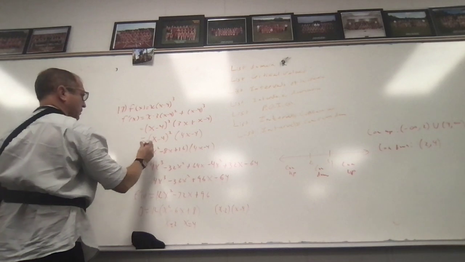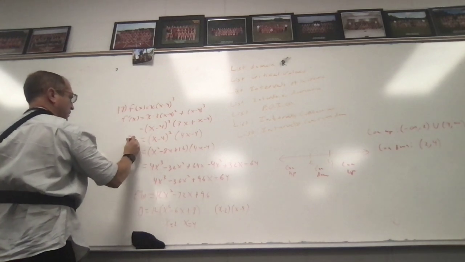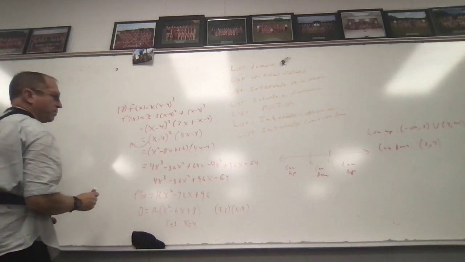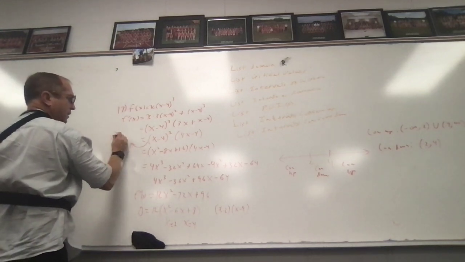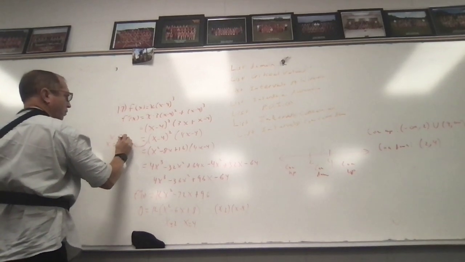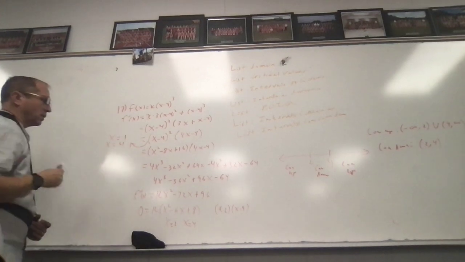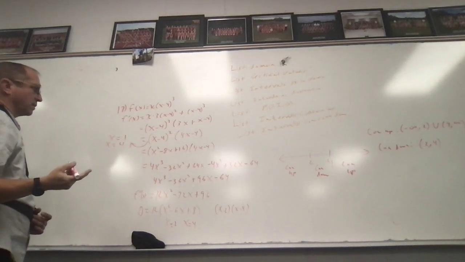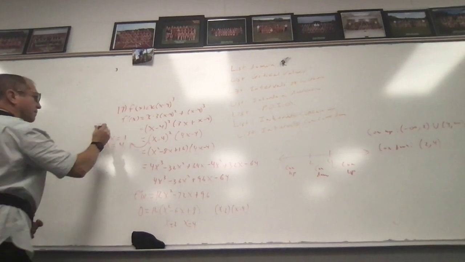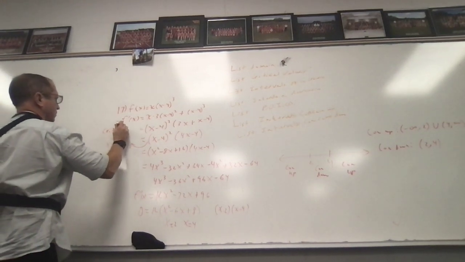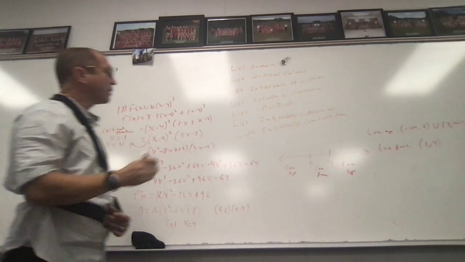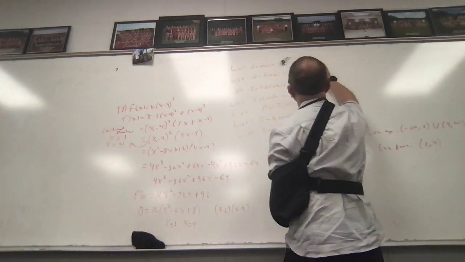And I see from my critical numbers that this would be at x equals 1 and x equals 4. So those are my two critical values here, because that's where the derivative is equal to 0.